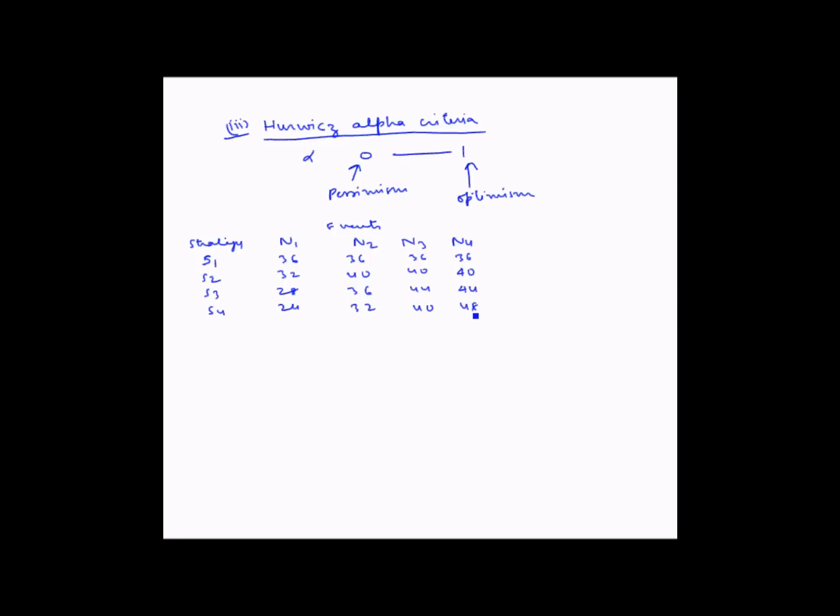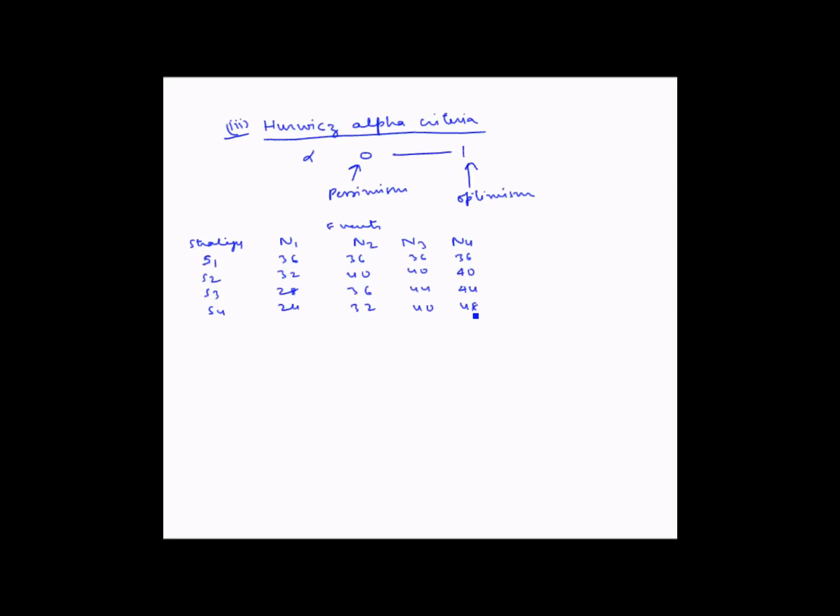Now, for the Hurwicz alpha criteria, we have to first find out the expected monetary value for each of the strategies, and whichever strategy has the maximum expected monetary value, that strategy will be chosen as the optimal strategy.